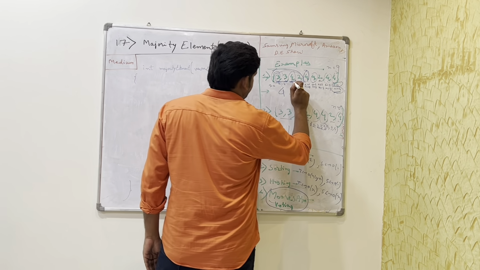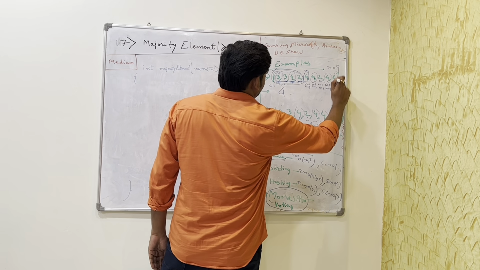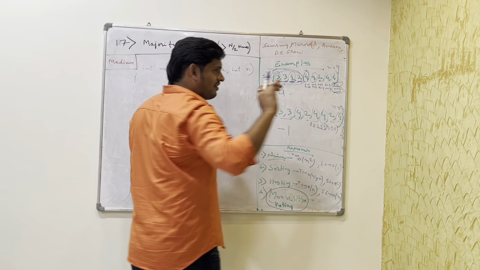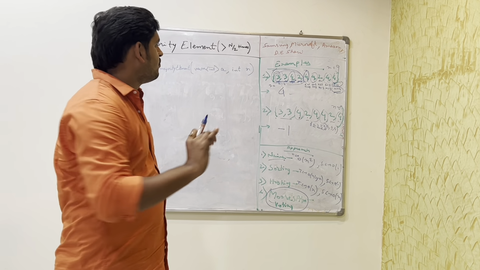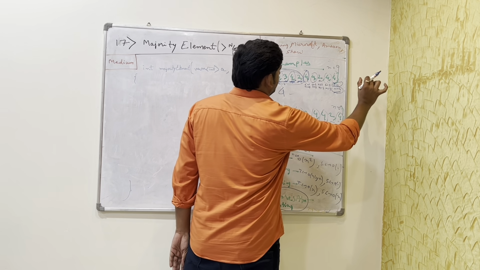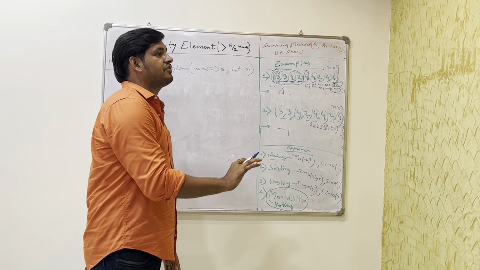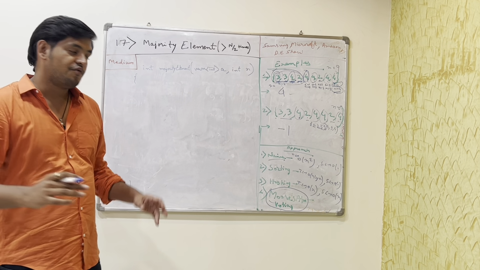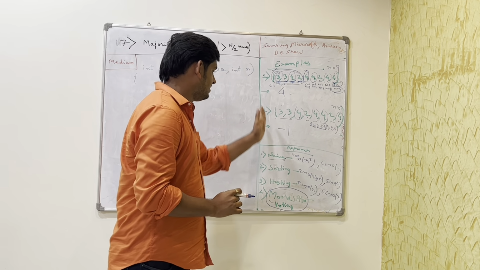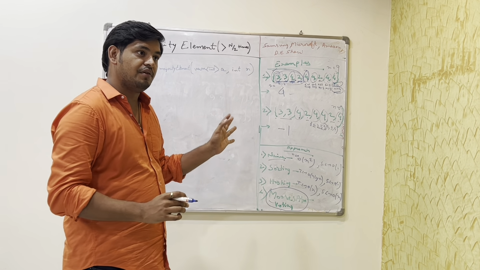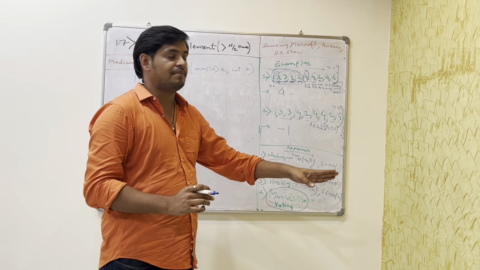So at every point we are checking our majority element. After the end of the array, whatever majority element we get, we will see whether that element is a majority element or not. Otherwise, there can't be a case where we traverse with this algorithm and we get a different majority element.